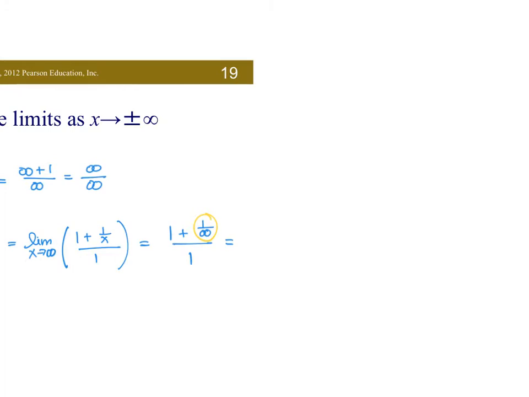So 1 divided by the largest number possible should be the smallest number possible. And the smallest number possible is 0 plus. So 1 plus 0 plus is 1 plus, divided by 1, which is still going to be 1 plus, because anything divided by 1 is itself.